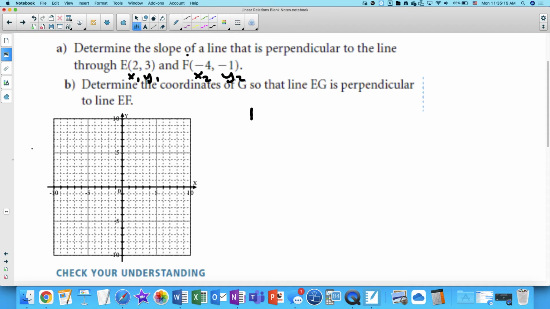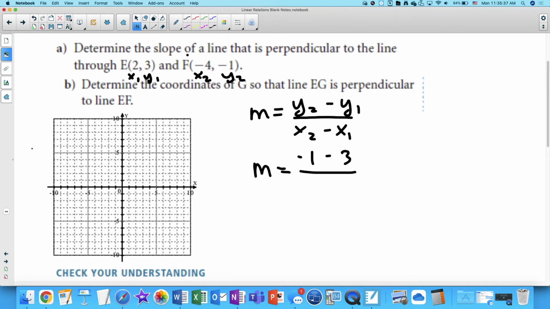The other thing that you might want to do is actually write the formula out before you start plugging things in. It's very mechanical. You don't actually start calculating anything until these numbers are in there. So what is y2? It's negative 1. Minus, what is y1? It's 3. And then x2 is negative 4.